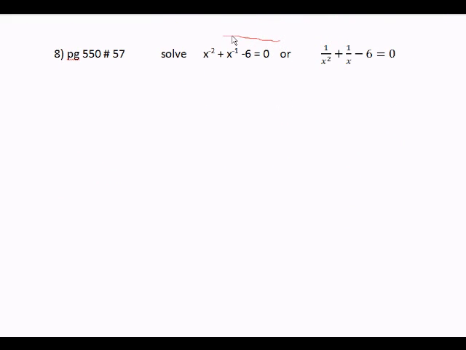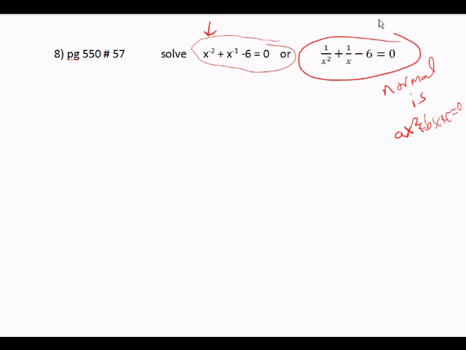So once again, it has to look strange. And do you see how this looks strange? It looks a little strange because we don't have our normal form, ax squared plus bx plus c equals 0. This is normal: ax squared plus bx plus c equals 0.